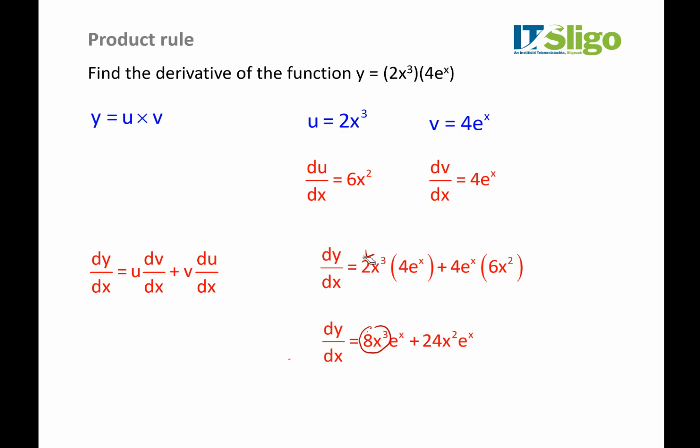And finally then, if we take a look, what's common to each term? Well, in terms of numbers, 8 is common. We're looking to factorize here. When we look at the x bits, x squared is common to each. And then e to the power of x is common. And here, it's multiplied just by x. That's what gives me the x cubed.